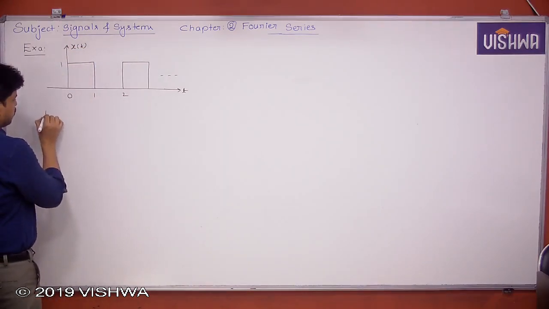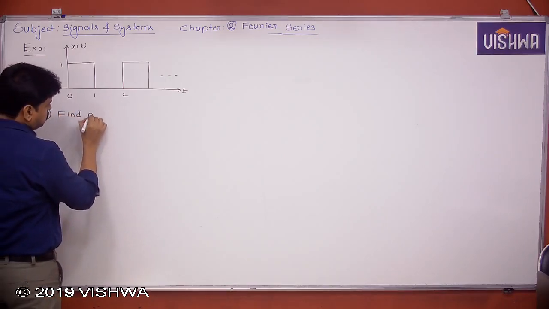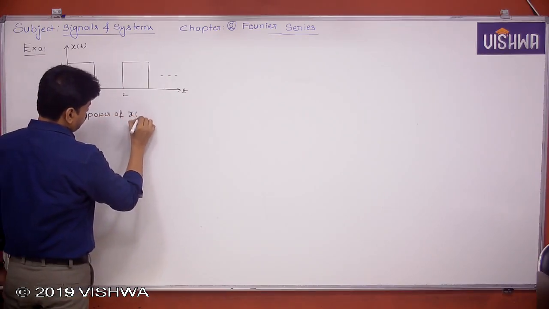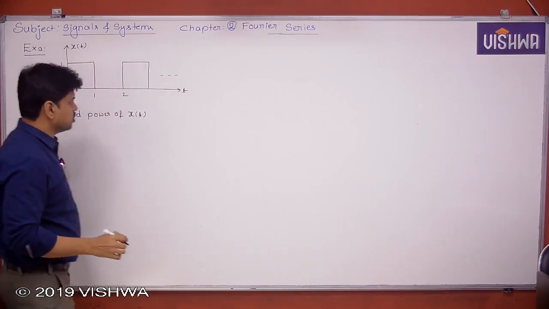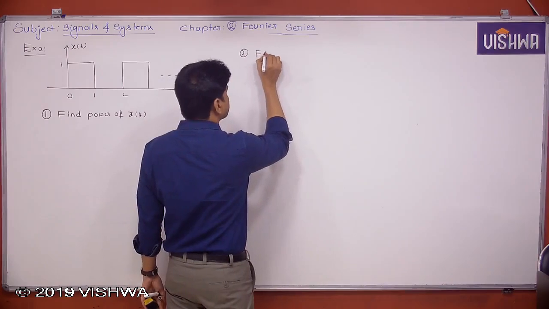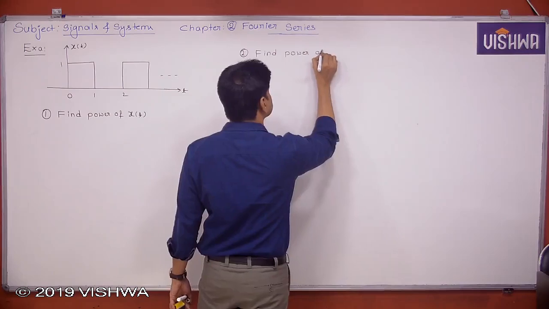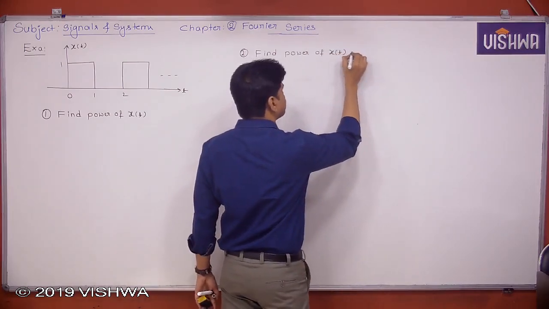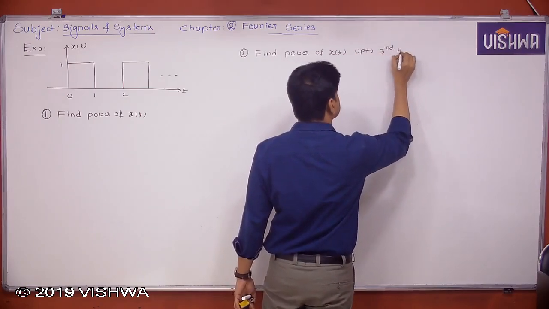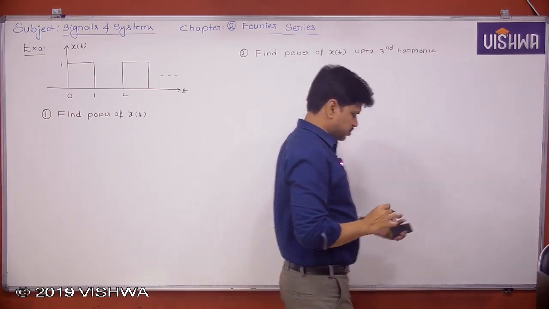In that, the first question is: find the power of x of t. The second question is: find the power of x of t up to the third harmonic. This is the question. Okay.